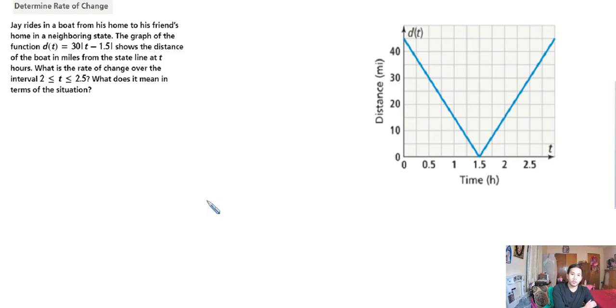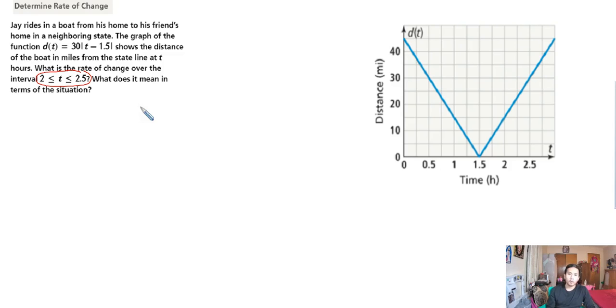What is the rate of change over the interval? They gave us an interval written as an inequality: t is greater than or equal to 2 but less than or equal to 2.5. What does this mean in terms of the situation?